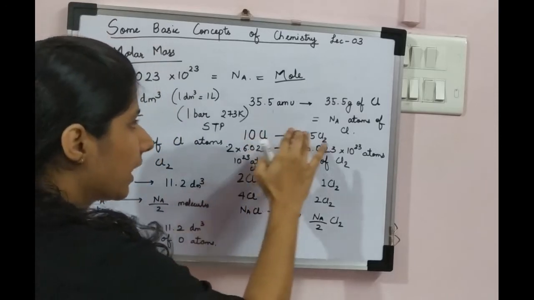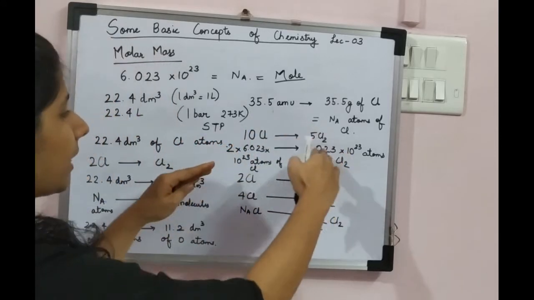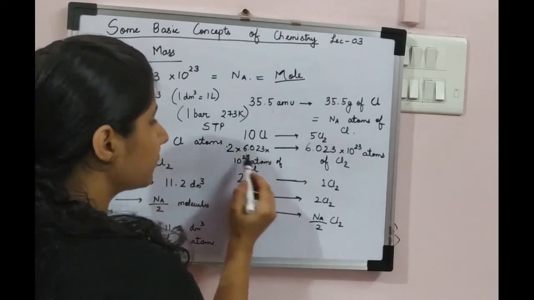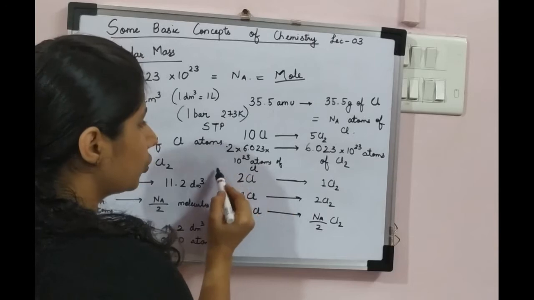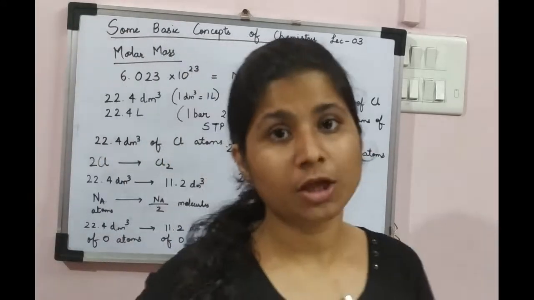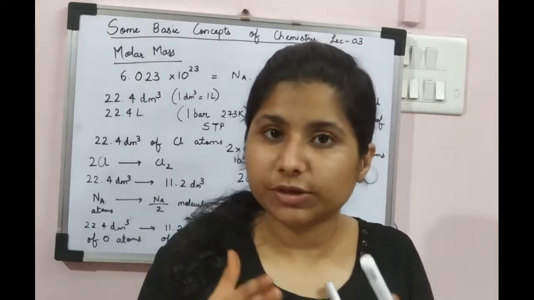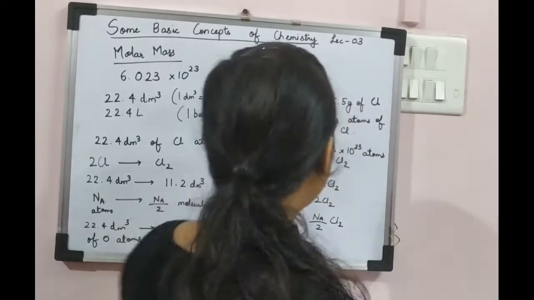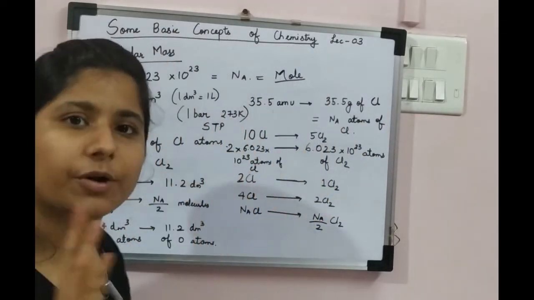Going from chlorine atoms to chlorine molecules, it is dividing by half. So 2 into 6.023 into 10 to the power 23 atoms will be divided by half, so 2 and 2 get cancelled, and I get this many chlorine molecules. So if I want 6.023 into 10 to the power 23 molecules of chlorine, I will have to take 2 times the Avogadro number of atoms.